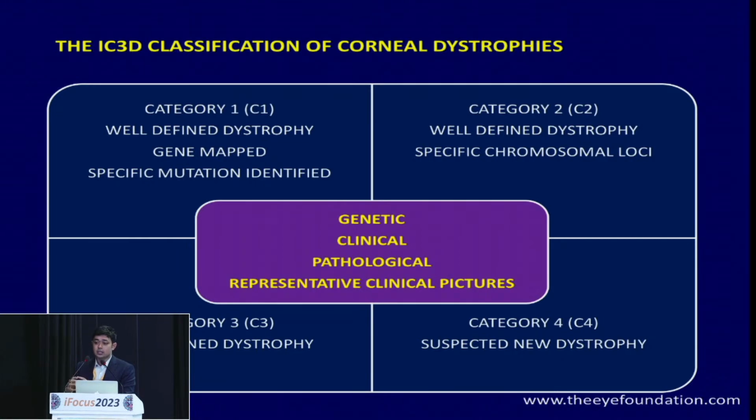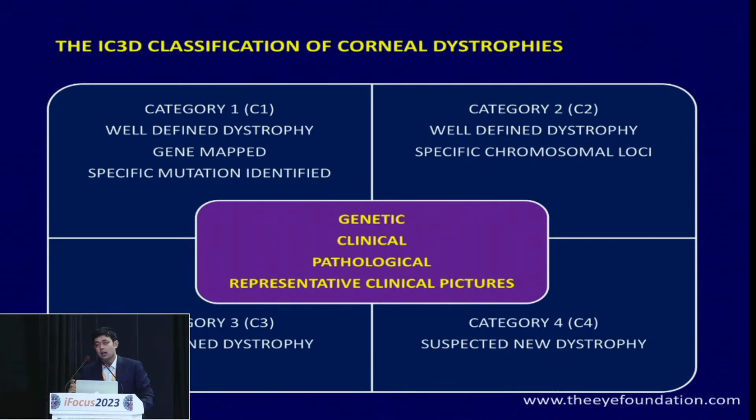Now there are certain dystrophies which are category 2, wherein it's a well-defined dystrophy, we know all the clinical features, but the specific chromosomal loci has not been identified, or the specific gene which is responsible for the mutation, we don't know. Then you have the third category, where we are fairly confident about the consistency in the clinical and morphological features, but we have no idea about the genetic basis, or the gene or the chromosome has not been identified yet.